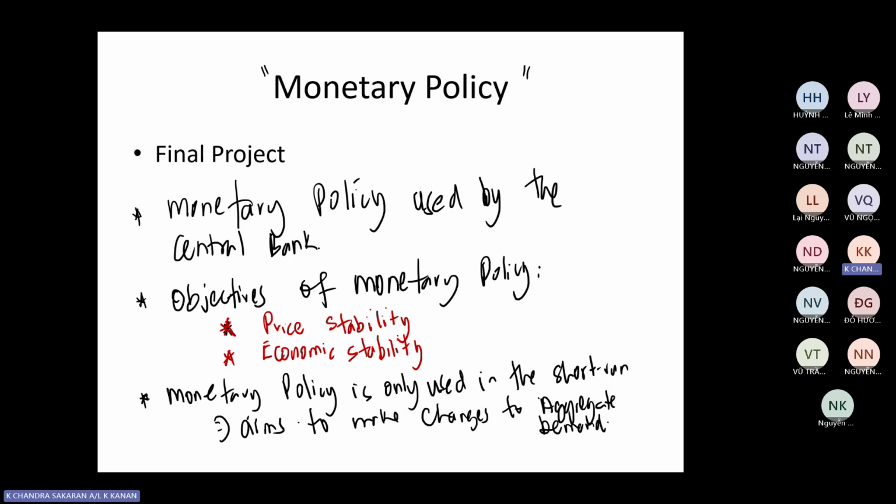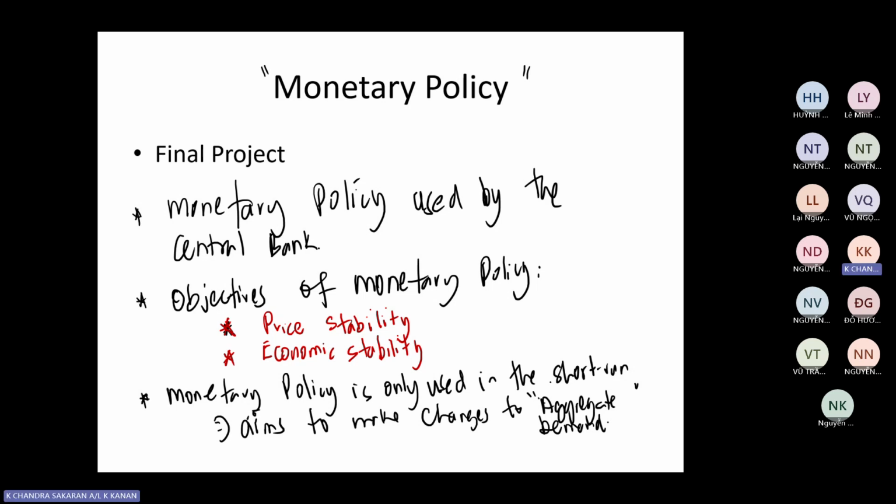The aim of the policy is to make changes to the aggregate demand, which will change macroeconomic variables, for example price, production, employment, unemployment. So a very important model that you must use for this project is the aggregate demand, aggregate supply model. I'm giving you the hint. Anything related to aggregate demand; one model that can be used is aggregate demand and supply to show the effectiveness of the policy.